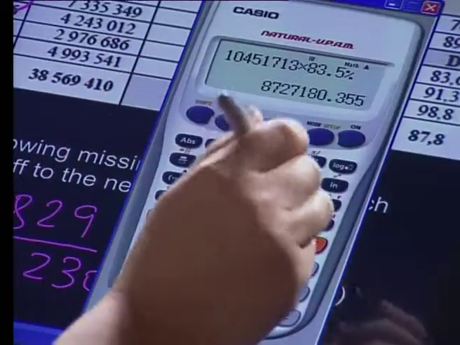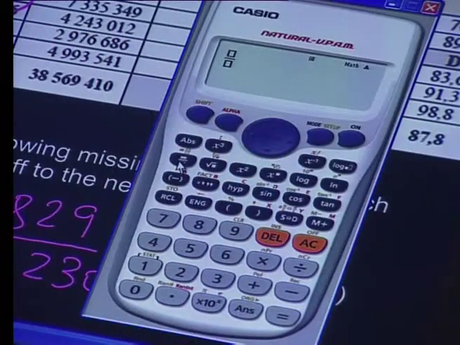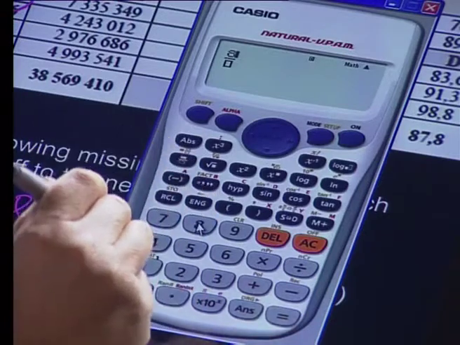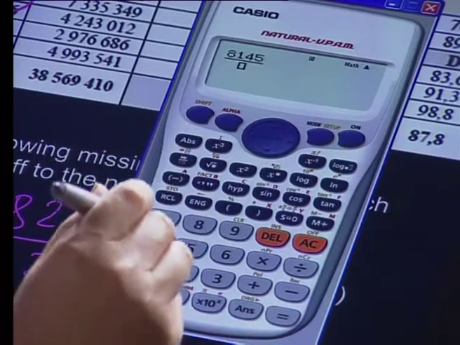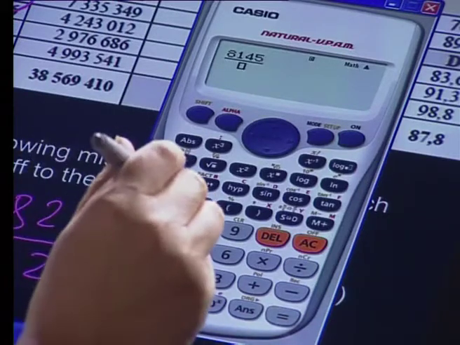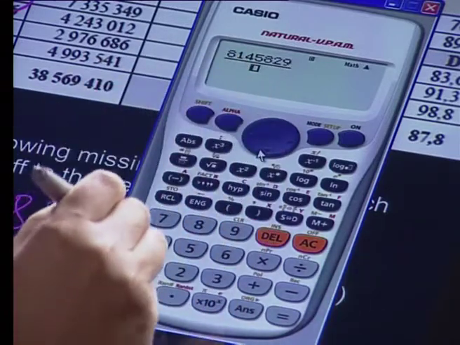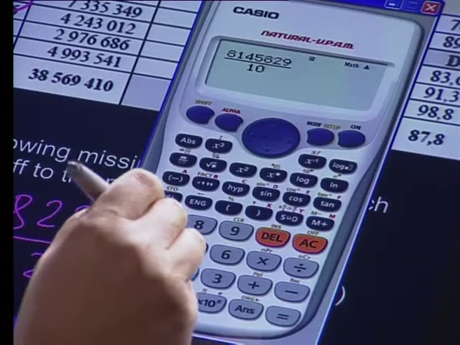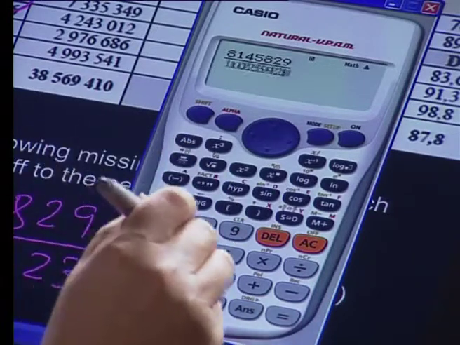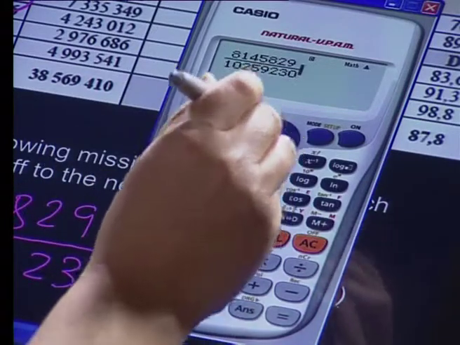correct. So in this case, I'm going to use the fraction button. So it is 8145,829 divided by 10,259,230 and times by 100.